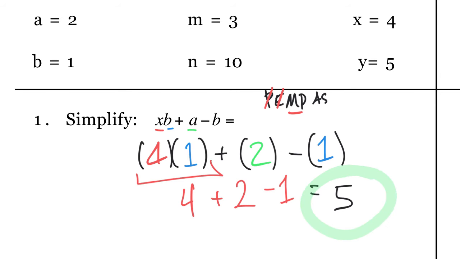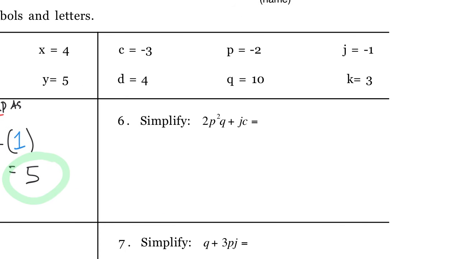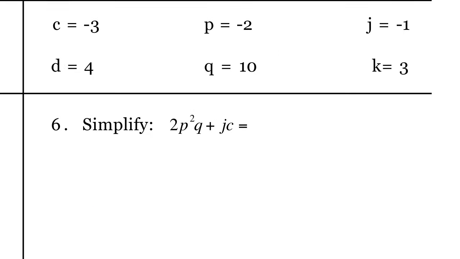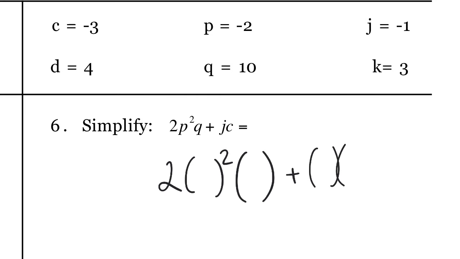Amazing. All right, let's take a look at another one that's maybe a little bit more tricky, with a little more opportunities to substitute in for some variables. And I can see that in this problem, question number 6, we've got an exponent. All right, so like before, I'm going to rewrite this problem, and instead of rewriting the variables, I'm leaving space where I can pop in the value for the variables.